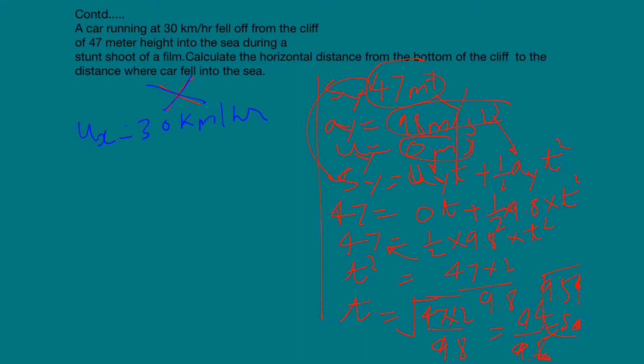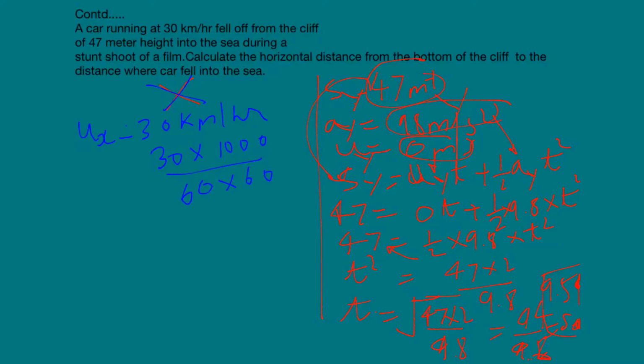Okay, so 30 kilometer per hour is in kilometer per hour, so you have to convert it into meters per second. For that, first you have to multiply with 1000 for converting kilometer into meter. So 30 into 1000, then divided by, per means divided by, so hours means 60 minute into 60 seconds, 60 into 60.